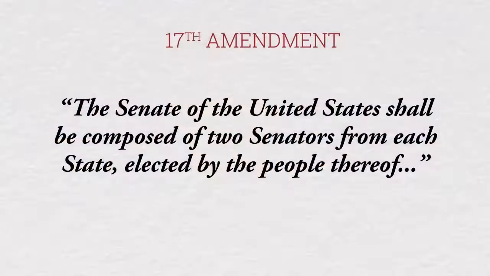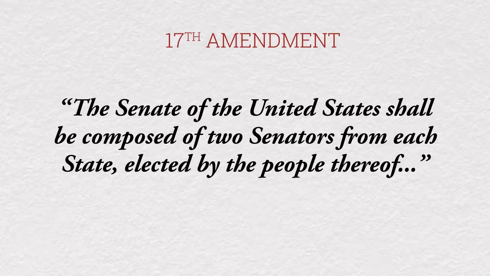Now the last question, the third one, is a little harder. There are two things that have made separation of powers work differently from how the framers anticipated. The first one is the 17th Amendment, which took selection of senators away from the state legislatures and gave it to the people of the states. We'll talk about that more later, but the simple point is this.